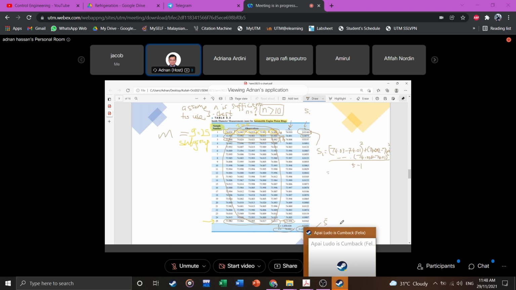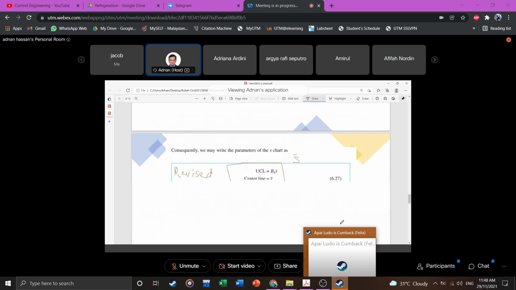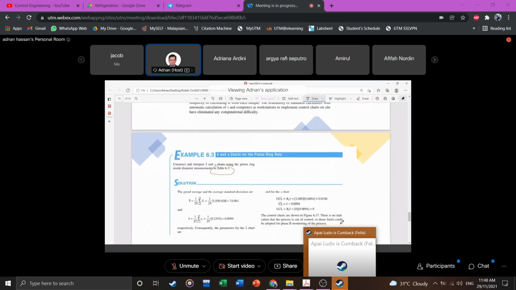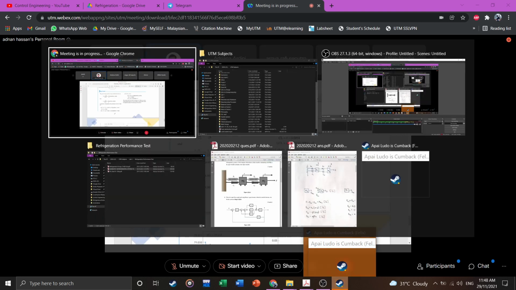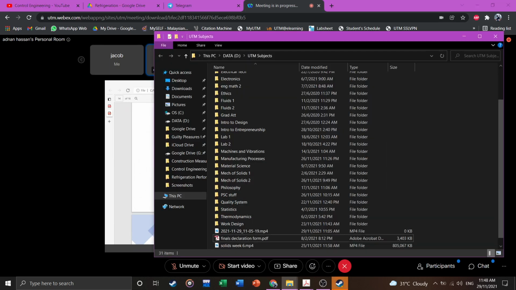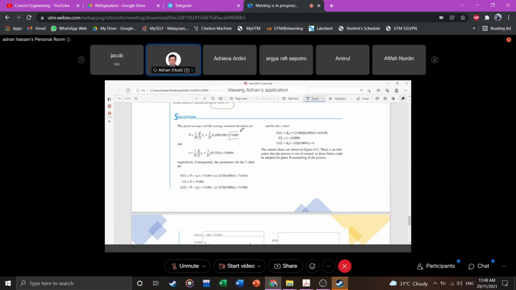Based on this data, X double bar is the center line for this chart, equal to 74.01.